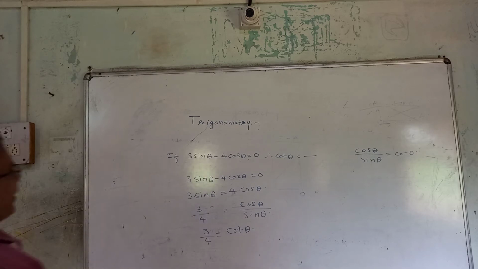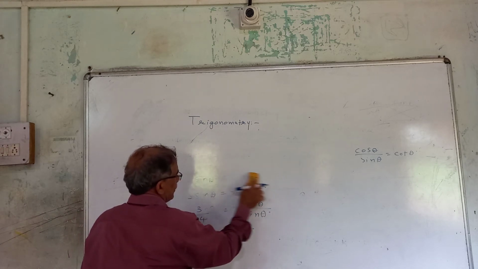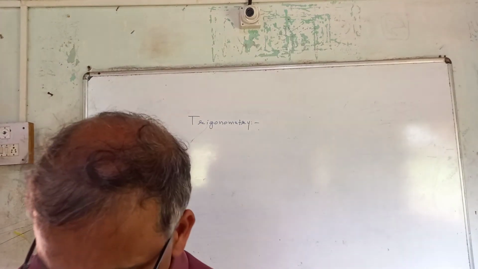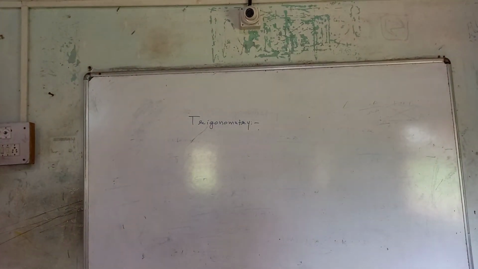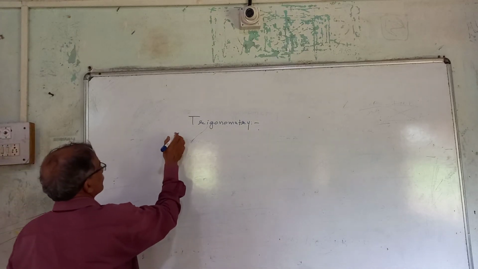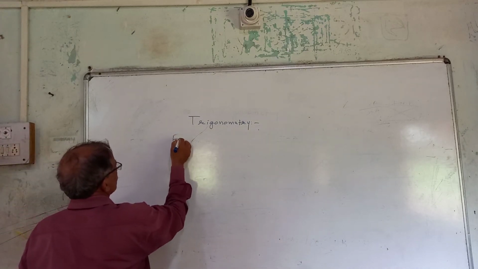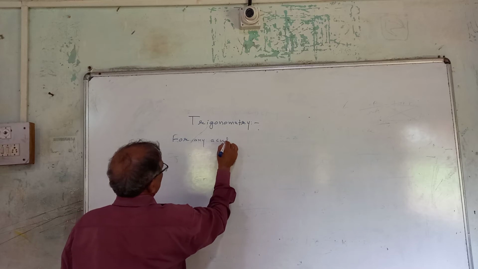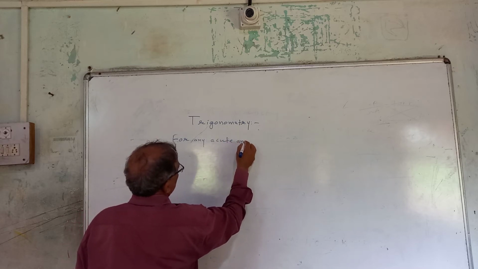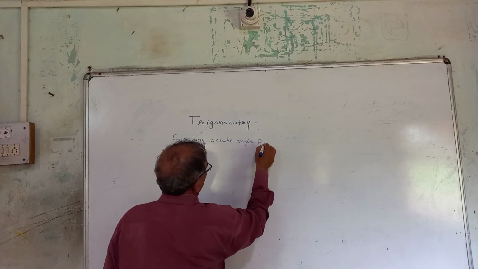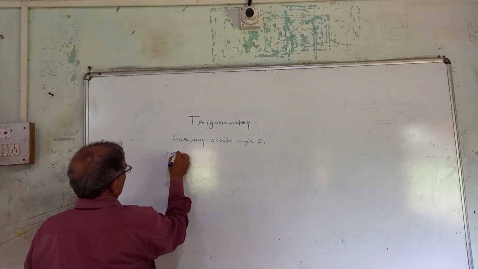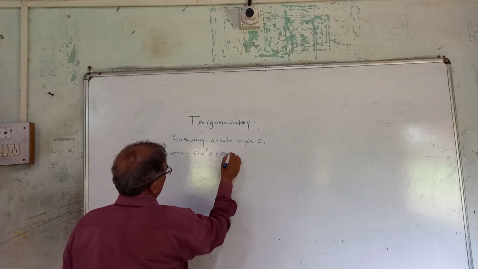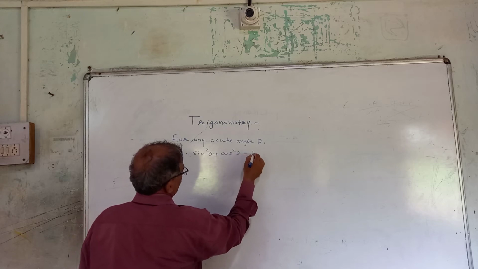For any acute angle theta, prove sin square theta plus cos square theta is equal to 1.